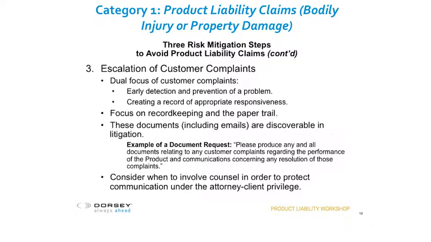The customer service department can be a very important first line of defense, early indicator as to detecting and preventing larger claims. And when you start seeing trends, you start seeing a number of complaints, you start understanding that this may represent a larger issue.